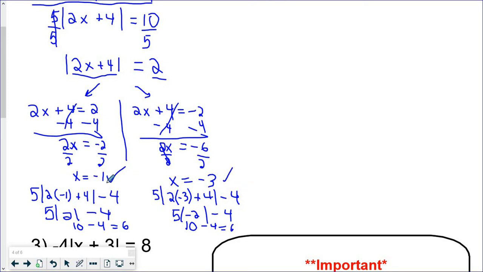Now, what that means is I can write the answer as x equals -1 and x equals -3. So one way to write the answer is to simply say x equals -1 and then put a comma, x equals -3. But in Algebra 2, we learn about something called set notation, and we will talk more about this as we progress. It's really a great thing to learn that this symbol in Algebra 2, a curly bracket, means list.